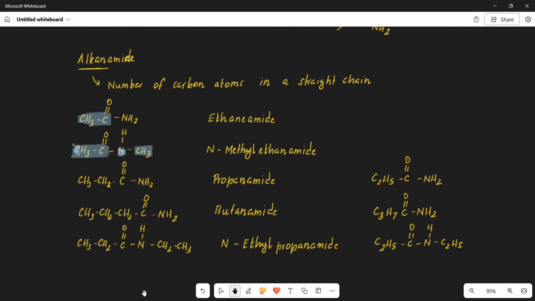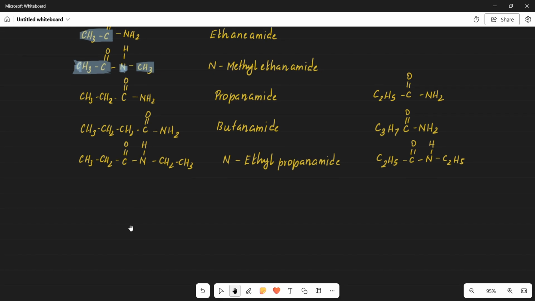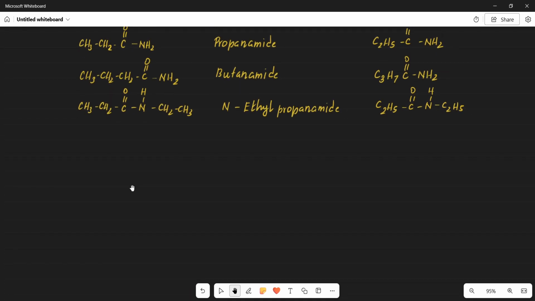Now I am moving to the preparation of amide. For the preparation of amide, I am going to take only 2 reactions.